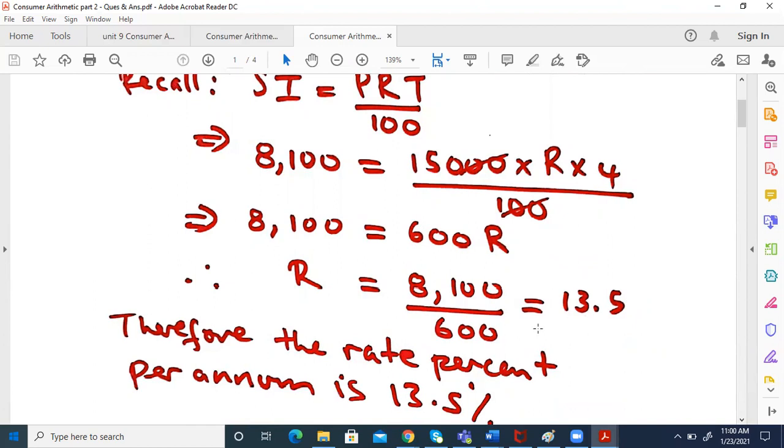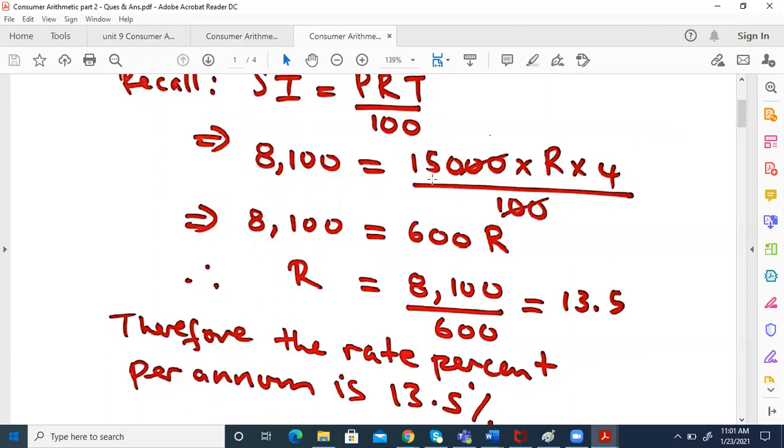You must understand that this 13.5 means 13.5%. Let me see what would have happened if there was not a 100 here. If 100 wasn't here, then it wouldn't cancel this, and so it would be 4 times 150, which is 600. No, it would be 150. It would be a big number.